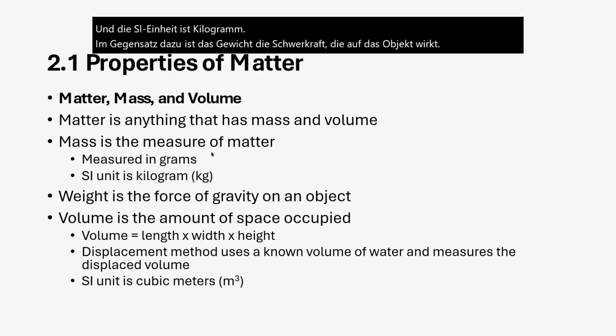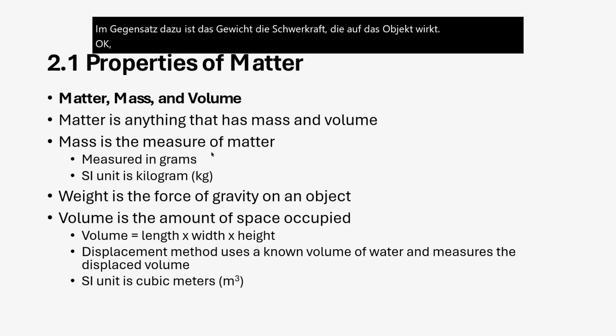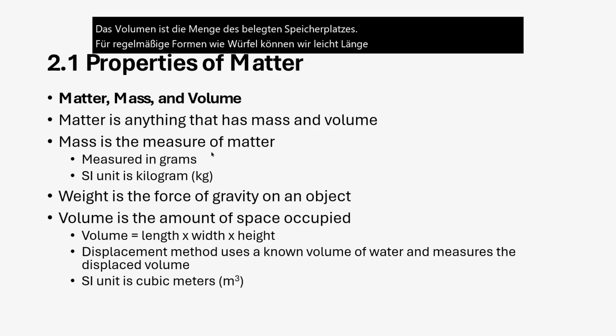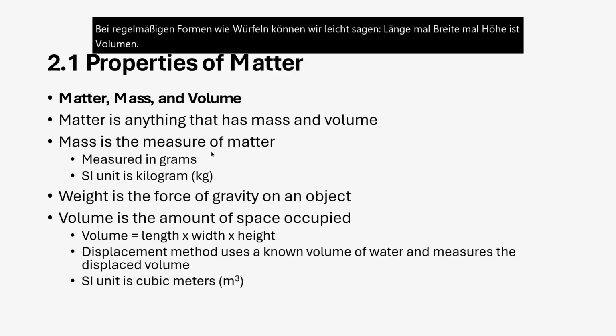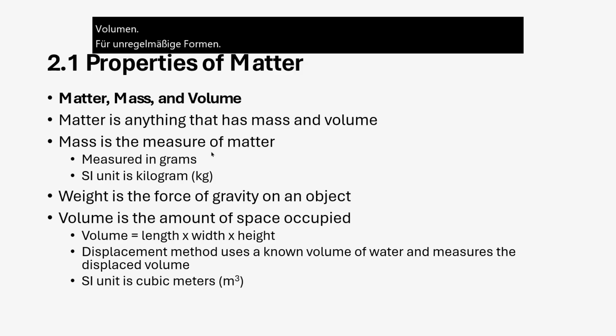Volume is the amount of space occupied by the object. For regular shapes like cubes, we can easily say length times width times height is volume. For irregular shapes, we can use the displacement method.